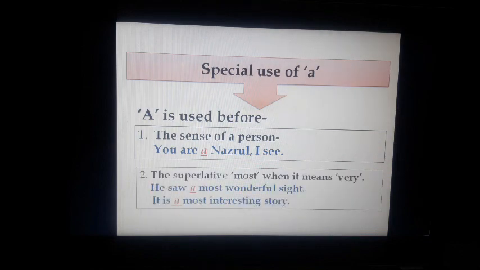The second rule: the superlative most, when it means very, then you have to use a. Generally, we know that before the superlative degree of an adjective, we have to use the. But if the word most means very, then you have to use the article a, not the. You have to remember it. Okay, students? Let's go to the next slide.